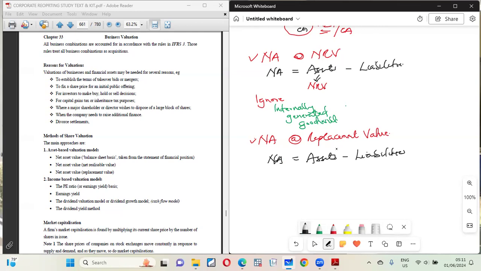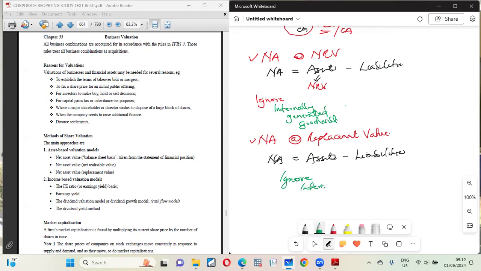Please, it is current terms, today. So if I bought the thing 10 years ago, if I am buying it again today, how much is it going to cost? So that is the focus, replacement value. Now, this one too ignores internally generated goodwill. So please, you need to ignore.